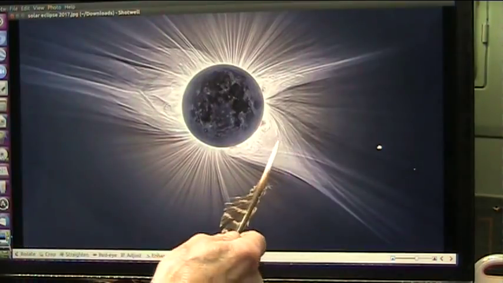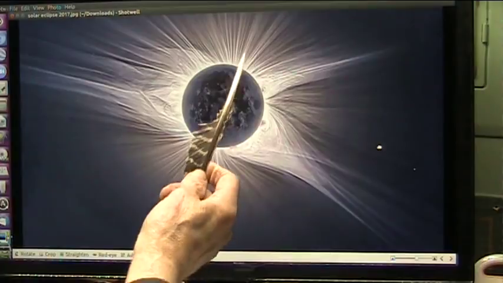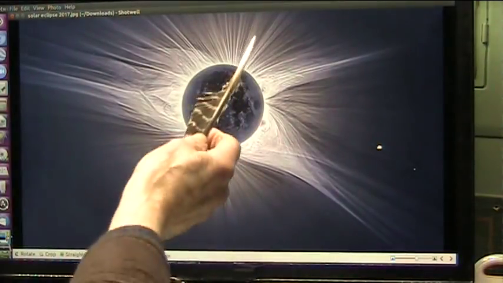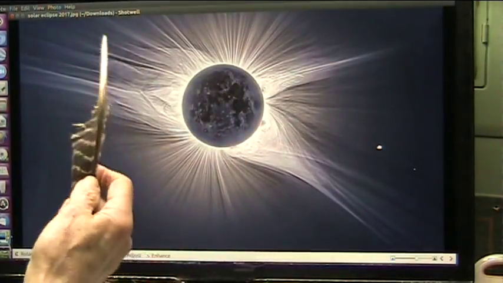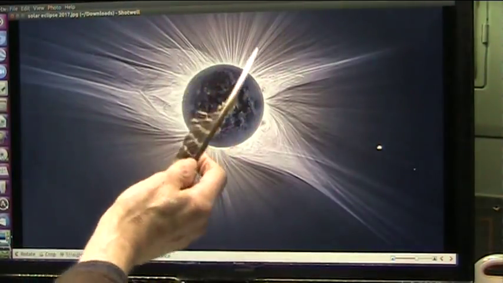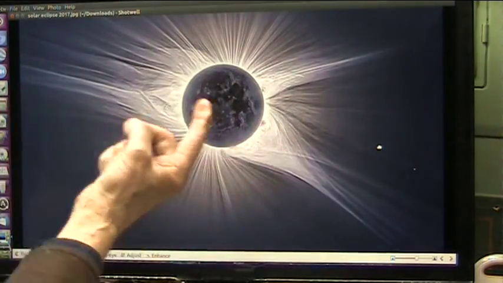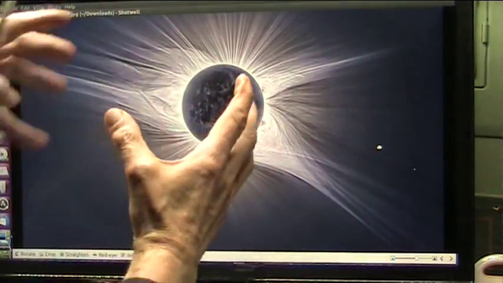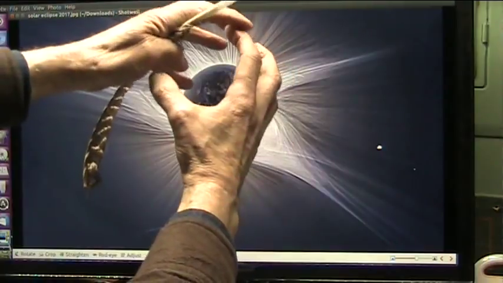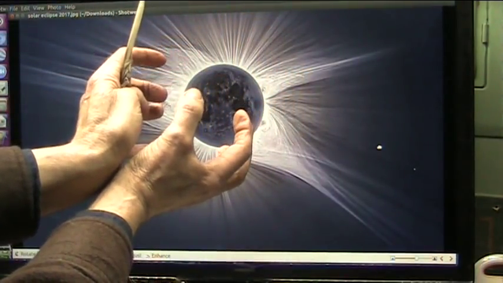I can see there's all kinds of particles coming out of the sun. And I can see the sun's axis is here. And I understand the sun is rotating, and that's why we see this magnetic field, and it's scrubbing its particles, which it has in its envelope that surrounds it.